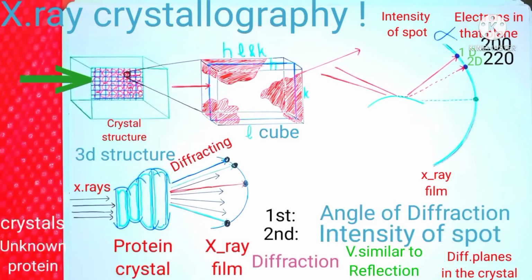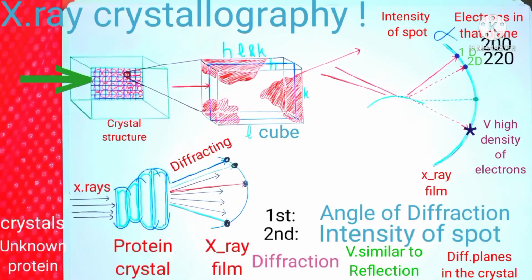Now let's assume the diffraction pattern is very bold at this specific point. That means the plane with which the diffraction formed in this region contains a very high density of electrons. A very high density of electrons means there is a very high chance of finding the protein molecule we are considering.